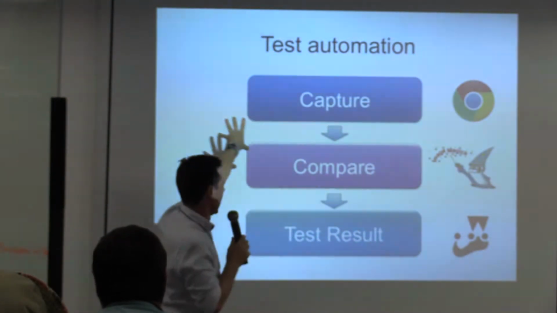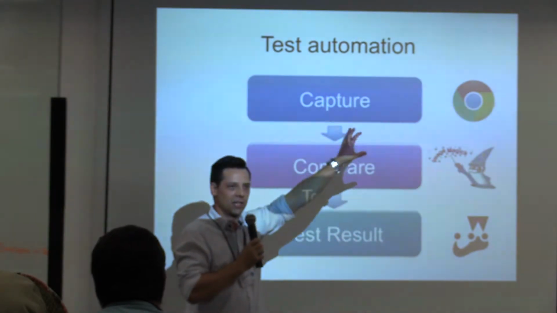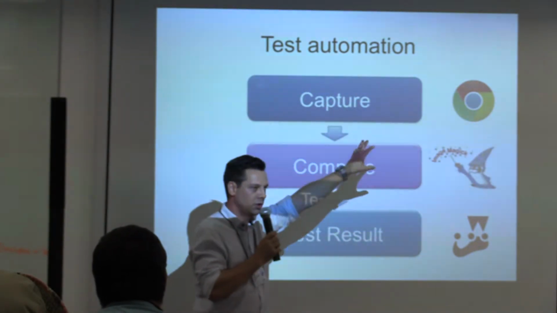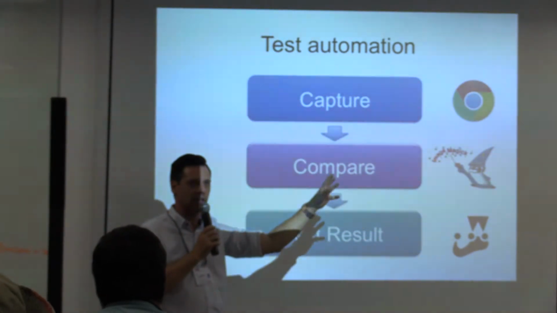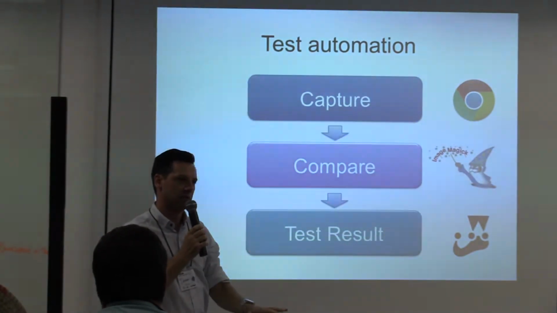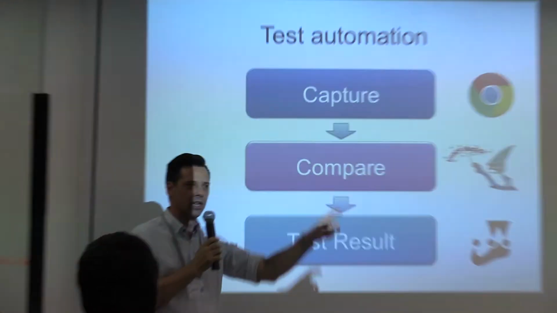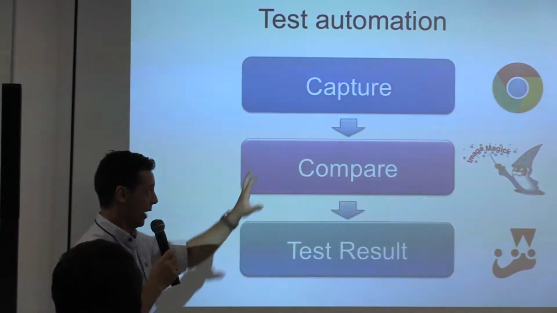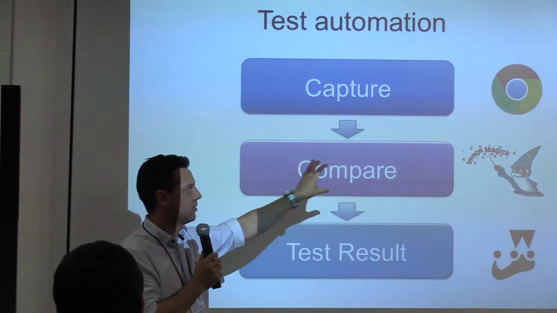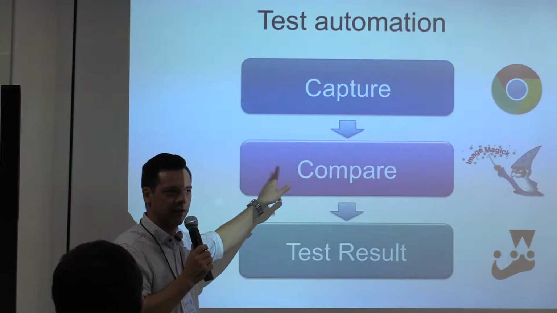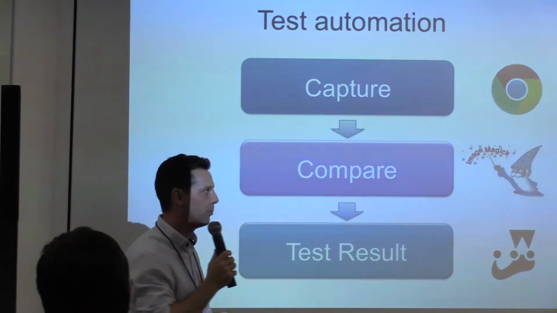So what we can do here is use something like Selenium, Nightwatch, or Headless Chrome. If we boot a browser up, there's a way to get a picture of it. So we can get into a site, navigate to where we need to be, and get a picture. Given that we've got a picture, we need to use a tool that can just diff that picture.